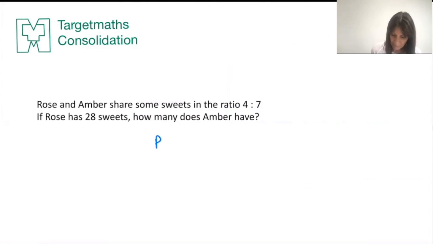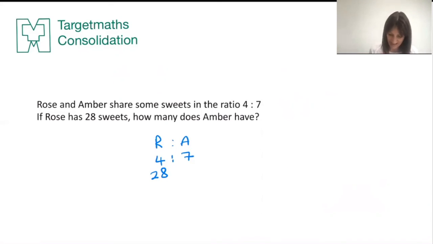Okay, so I've got Rose and Amber, 4 to 7. If Rose has 28 sweets, now it's really clear that Rose has 28 sweets. So there's no invisible column. The 28 belongs to Rose. And it's having that confidence of, does this belong to some column I've already got, or is it invisible?